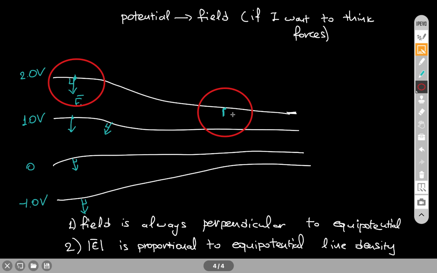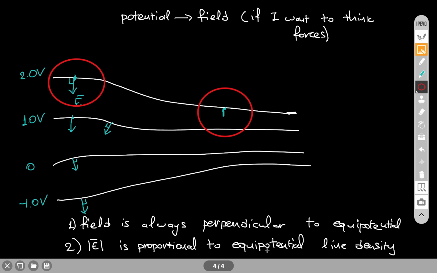Here I have two. Or it may be easier for you to look at the density of the equipotentials. Here in this space, you have more equipotentials in the same area compared to what you have here. Here you have less equipotentials in the same area. So the density here is less, and the density of the equipotentials here is greater.